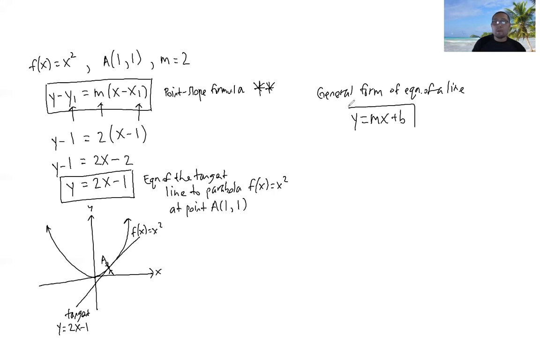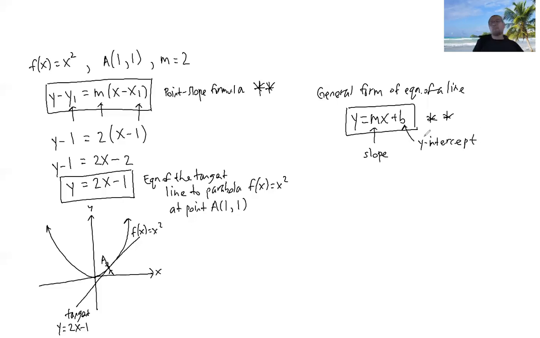So this is also important to know. And in this case, m is your slope, b is your y-intercept.